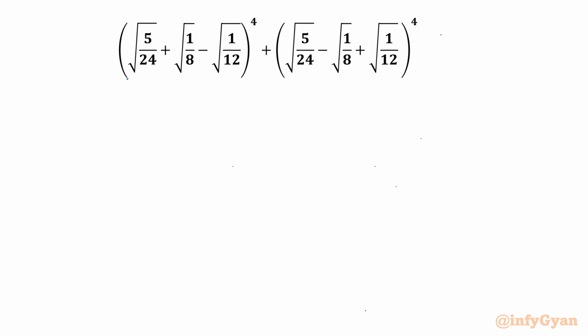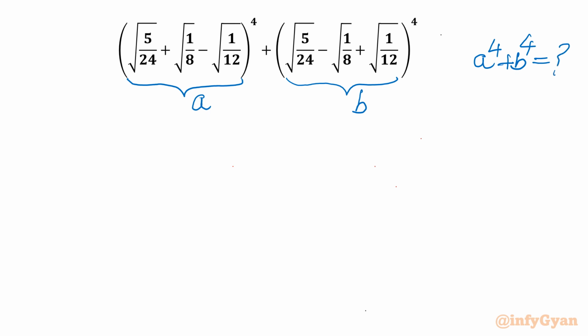So let us consider the very first bracket as A and the second bracket as B. So our target expression is A power 4 plus B power 4. Now I will write A separately.